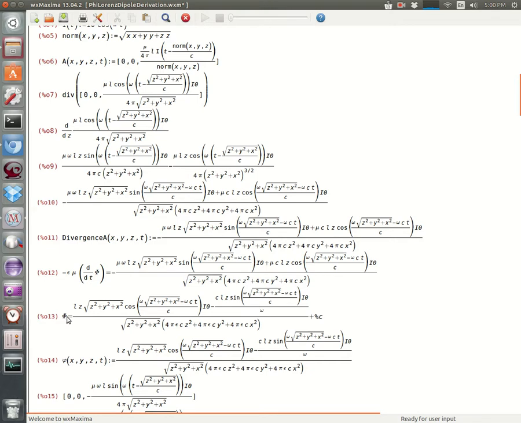Phi is solved here and incorporated into the definition of a function in terms of space and time here.